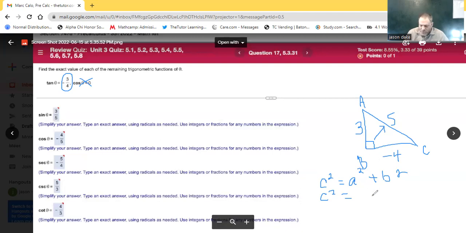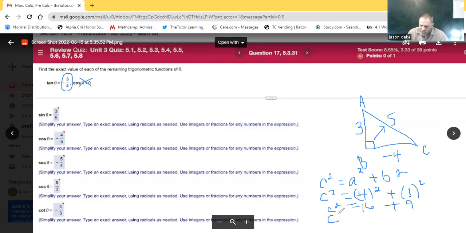So A is going to be -4 squared plus 3 squared. c squared is going to be 16 because a negative and a negative is a positive, and 3 squared is 9.